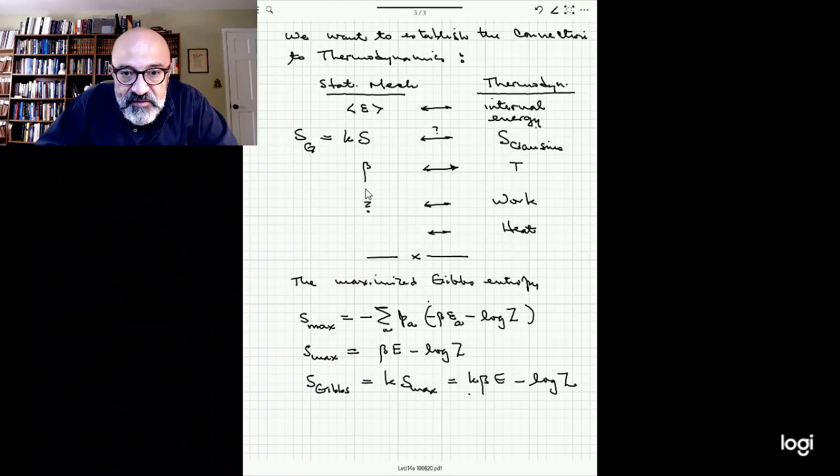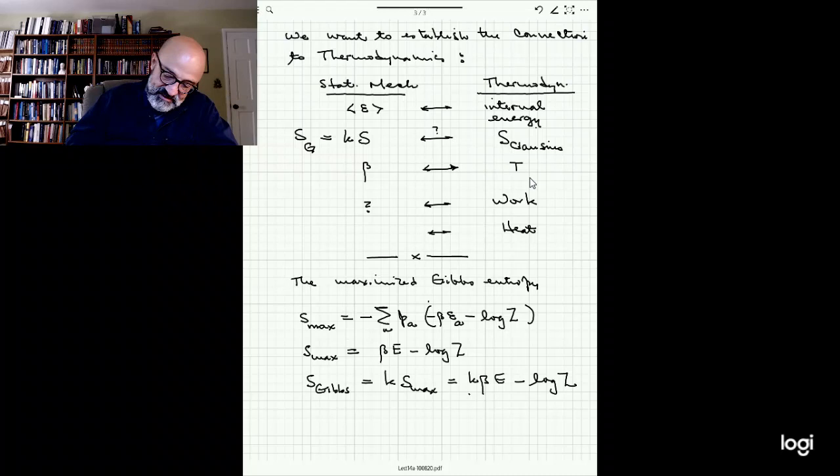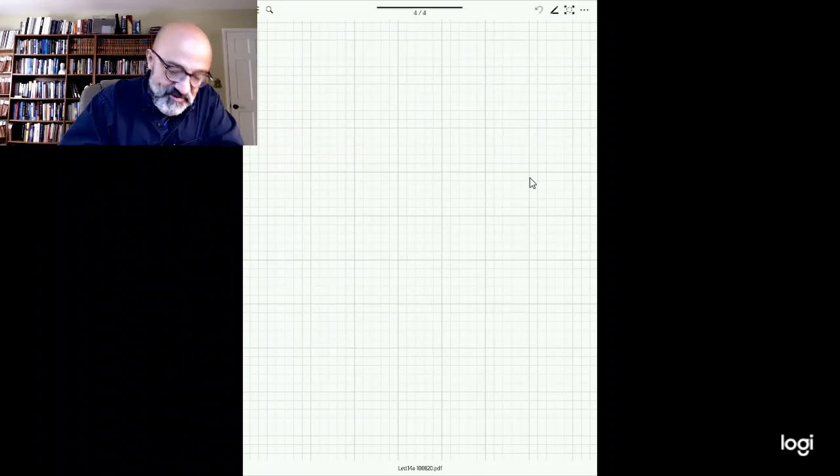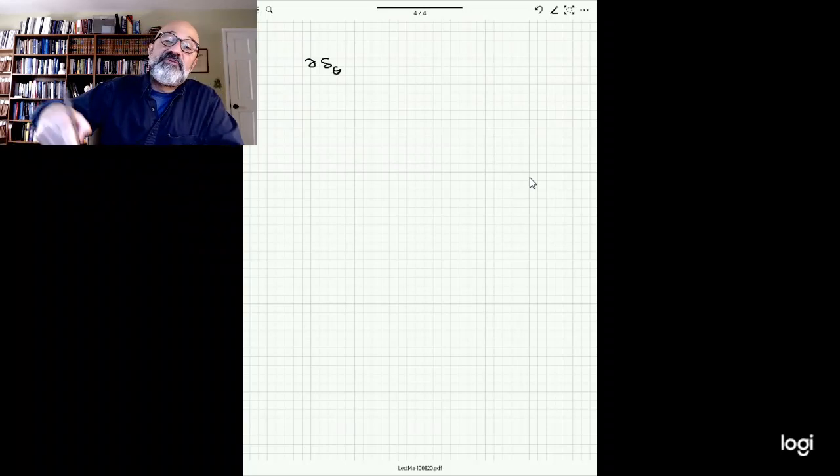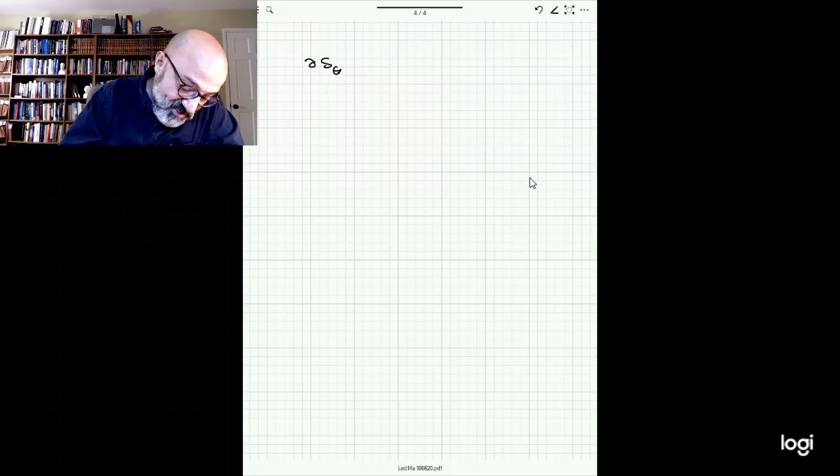Very good. Next, we're going to go for the correspondence between beta and T. So to do that, we borrow a formula from thermodynamics, or rather the idea from thermodynamics, and we say, what happens if you have the entropy, which was maximized subject to a constraint on the expected energy, and you change that constraint?